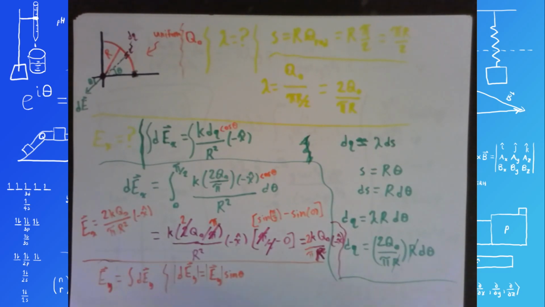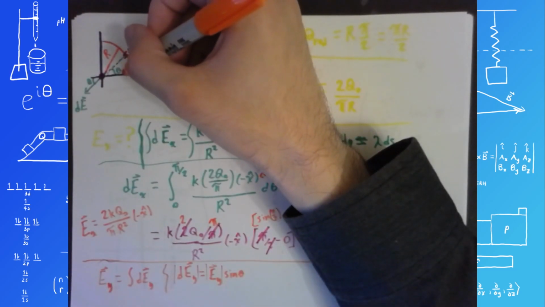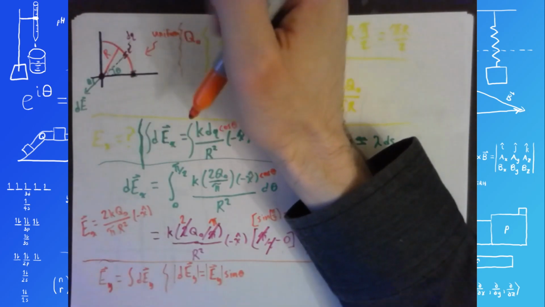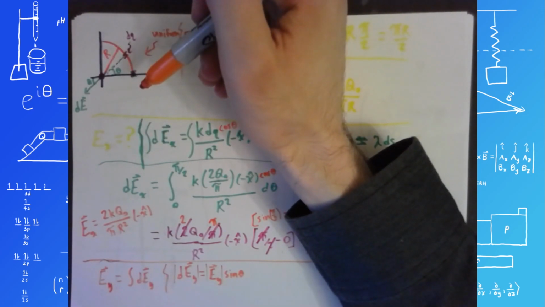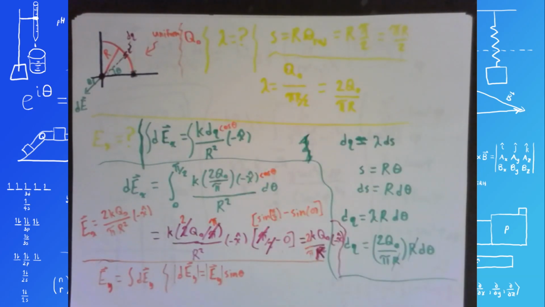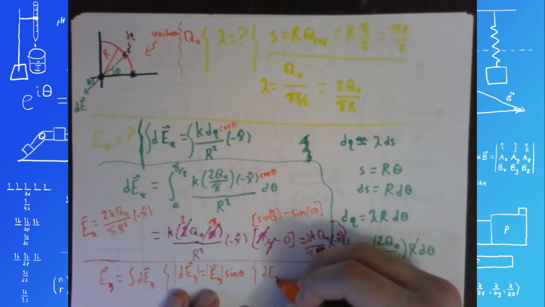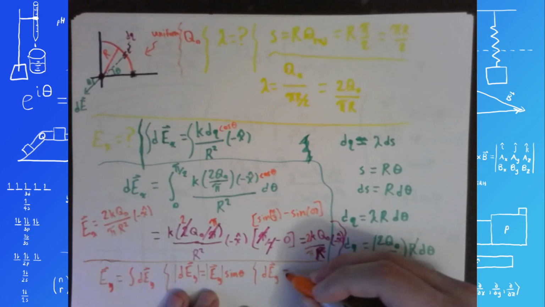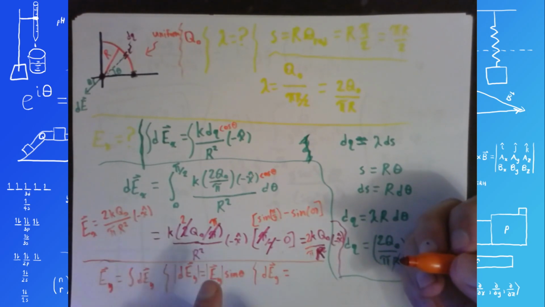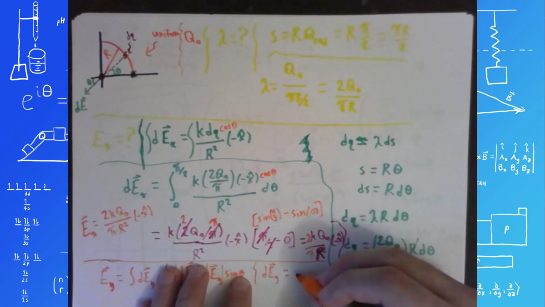Everything else, I'm pretty sure, just works out the same, right? Yeah, that's really the only difference. The stuff in the integral stays the same. dEy is just going to be pretty much this right here.